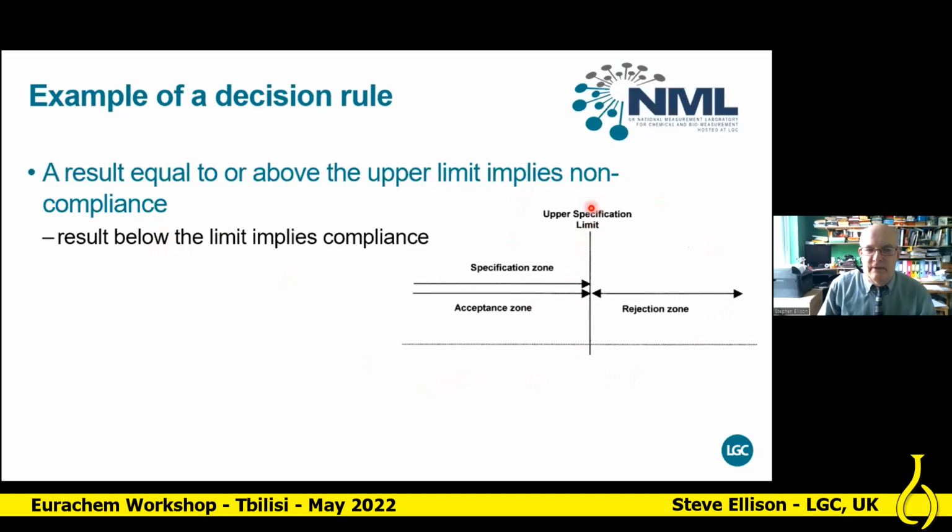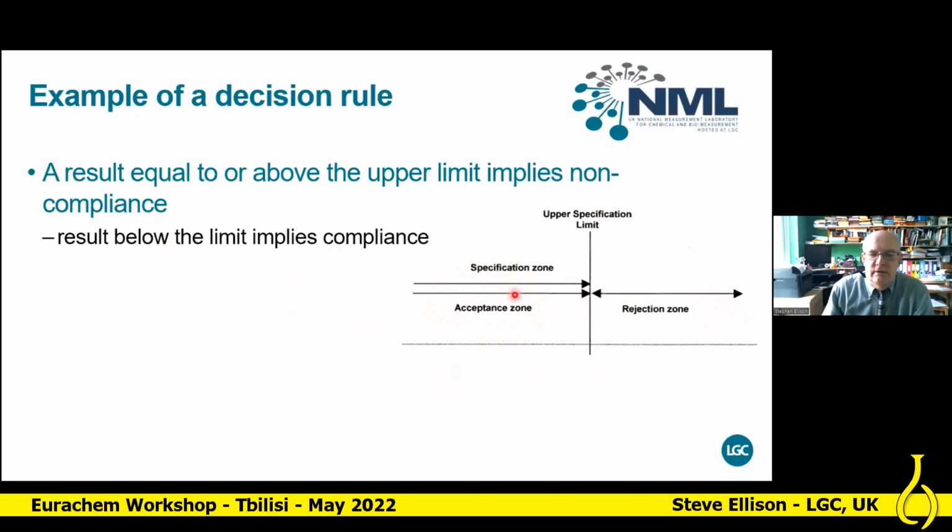Let's say we have a limit for a product or a legal limit for something. This rule says any result up to here complies, is a compliant sample. Any result above here is a rejection or a non-compliance. Now, I mentioned acceptance zones.